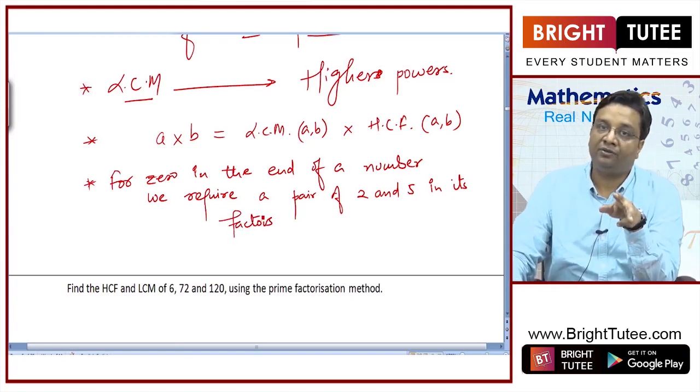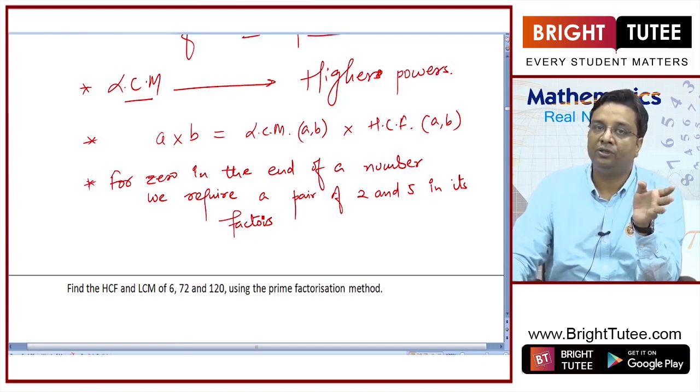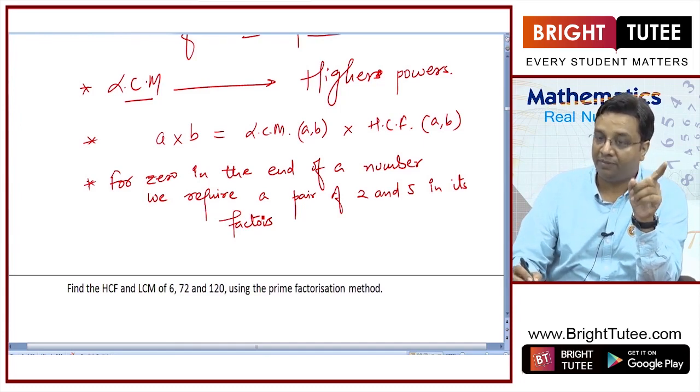So if there is one pair of 2 and 5, it will give you 1 zero in the end. If there are two pairs, it will give you 2 zeros in the end. But there should be a pair, right?